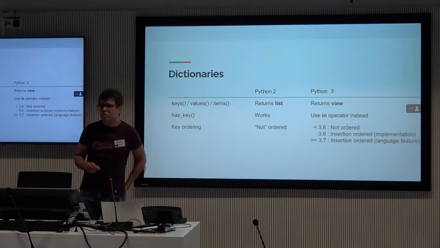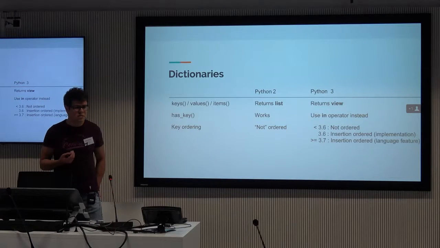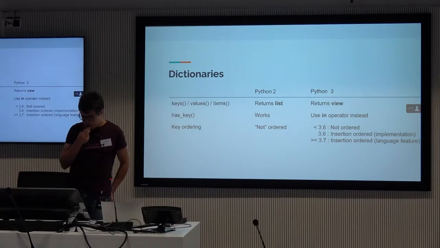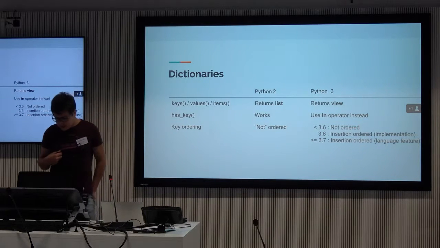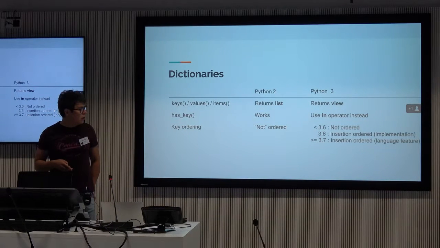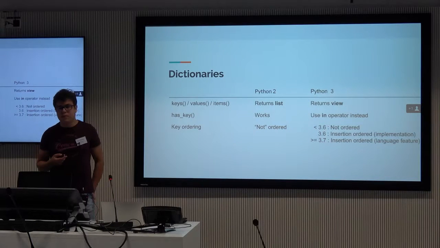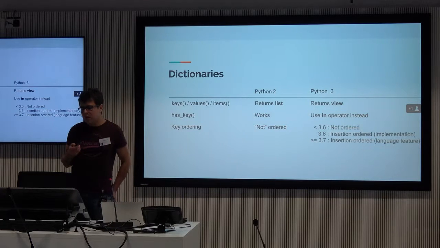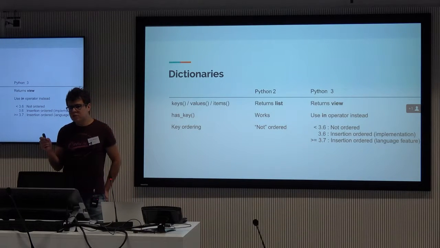In Python 3, it will return a view, which is similar to an iterator. That makes it a little different, because you won't be able to do something like dictionary.keys()[0] in Python 3, because that's not going to exist.